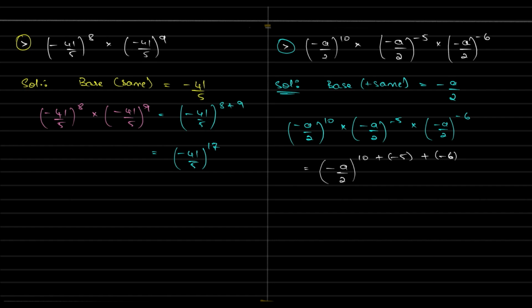So what will I do? Yes, simplify it separately. 10 plus of negative 5 plus of negative 6. This is 10 minus 5 minus 6. So 10 minus 11, because we need to add this same sign, and this we need to take a difference. So positive and negative, negative 1. So your final answer will be negative a by 2 whole to the power of negative 1.